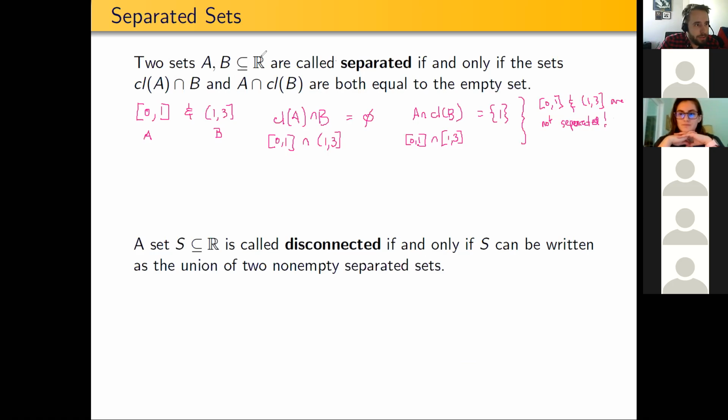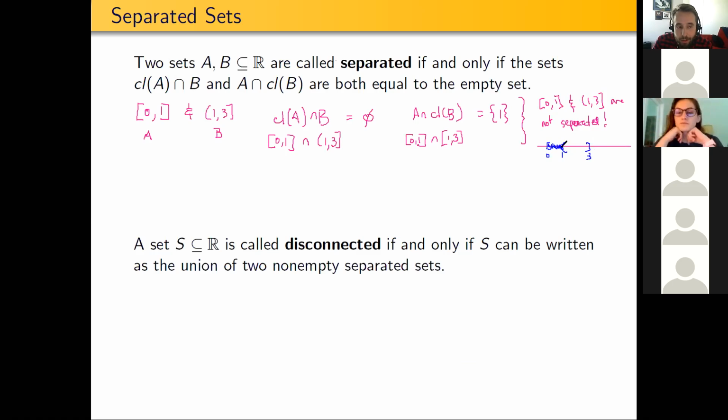All right, and that aligns with our picture in our head of these two sets. If I were to draw set A, let's say from 0 to 1, that's my set A. And then if I were to draw B, that's the open interval from 1 to 3, then taken together, these two sets butt up against each other.